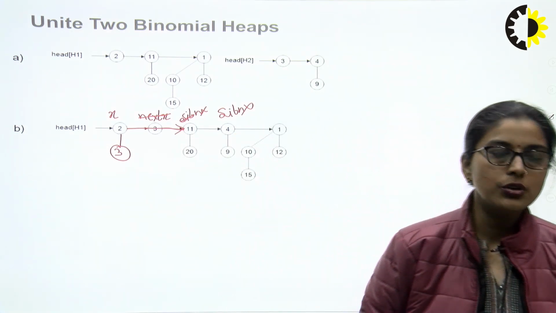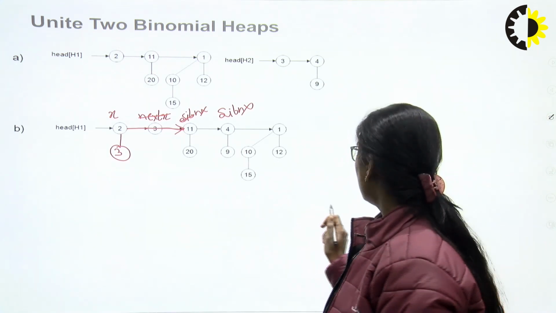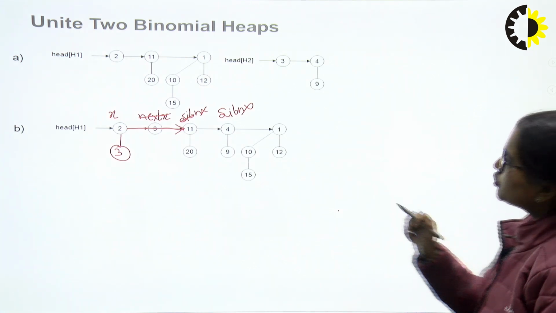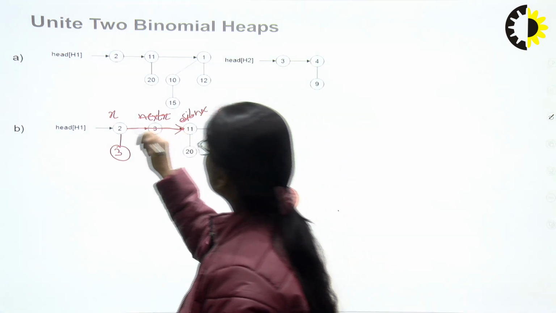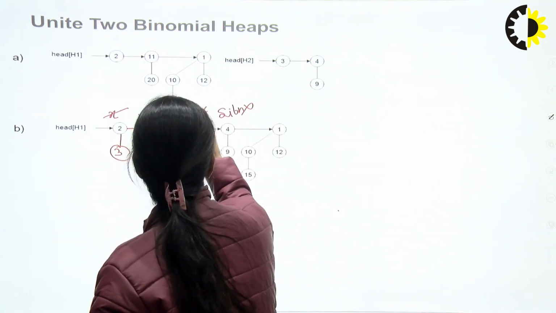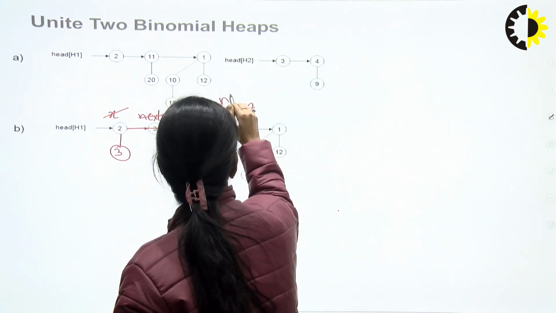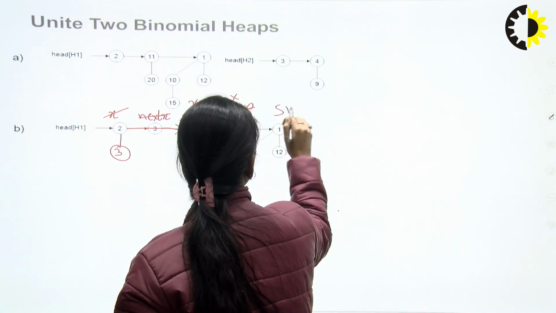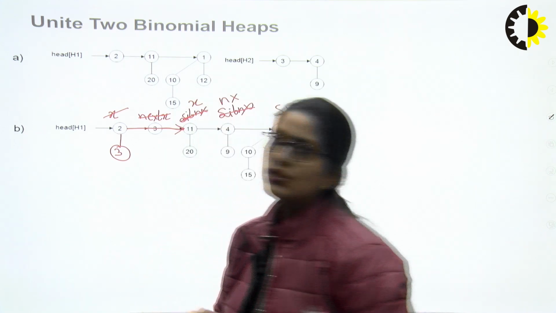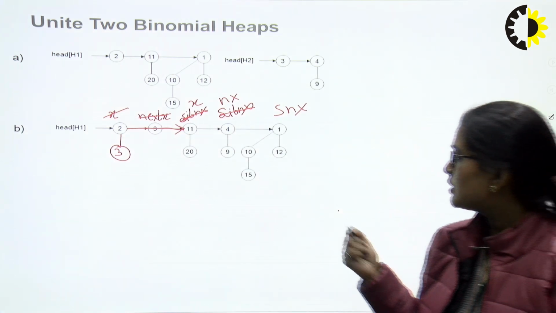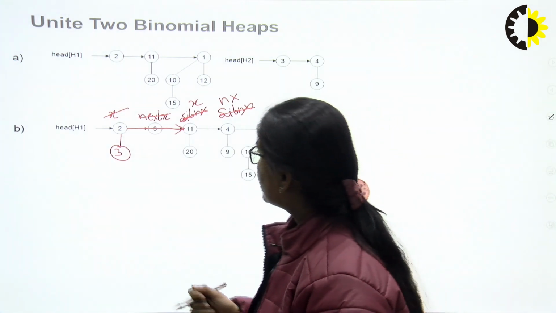What is the solution? We simply move the pointer forward. Now this is x, this is next of x and this is sibling of next of x. Just check again what type of case arises.